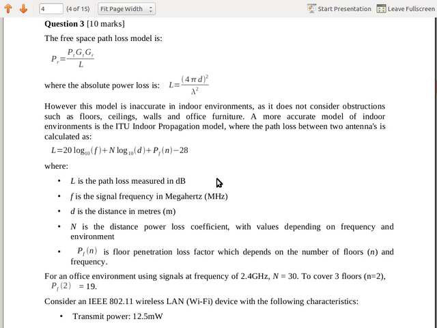So you can expand this out and you'll get 10 log PT, which is equivalent to the power in decibels, plus 10 log GT, which is equivalent to the gain of the antenna in decibels, minus 10 log L. So if L is given in decibels, that's the value. 10 log, the absolute value equals the decibel value, and so on for the rest.